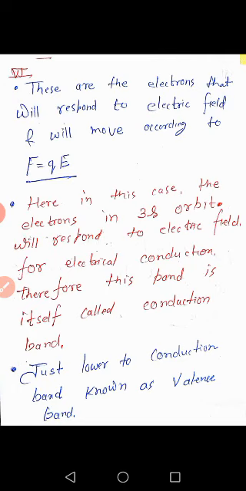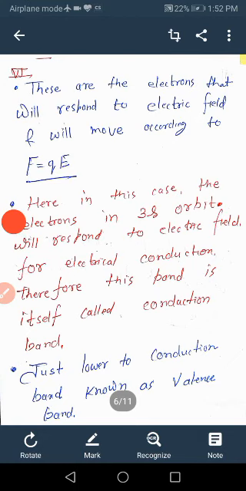Therefore this band is called the conduction band, because electrons in this band can respond to the electric field, and they are free to move because they can break the connection to the parent atom by some external force.